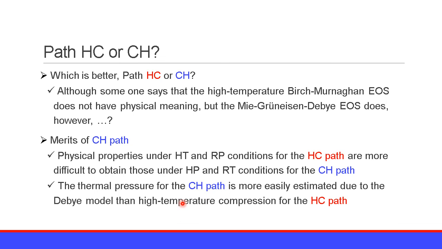Therefore, the thermal pressure of the thermal equation of state can be constructed using such data for the CH path. For this reason, let us argue the thermal equation of state for the CH path in more detail in the later part of this section.